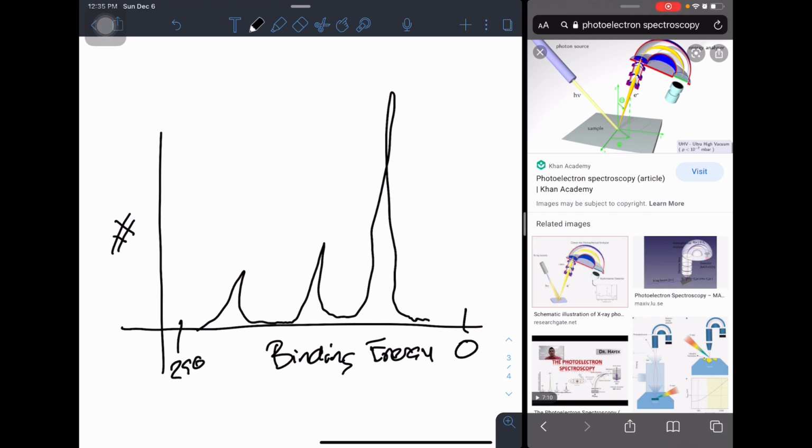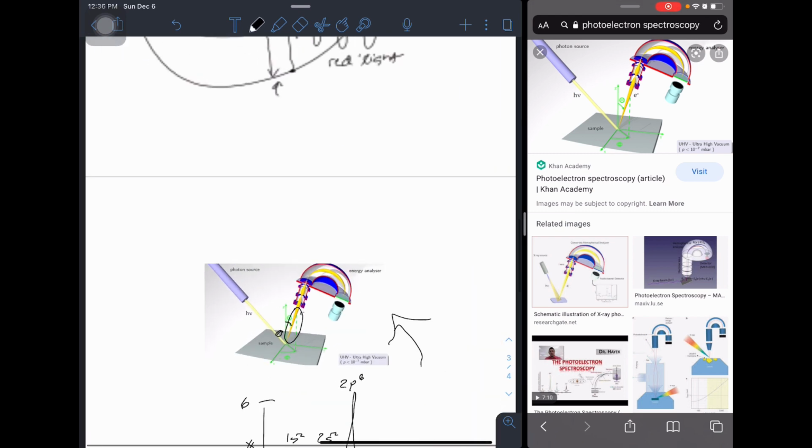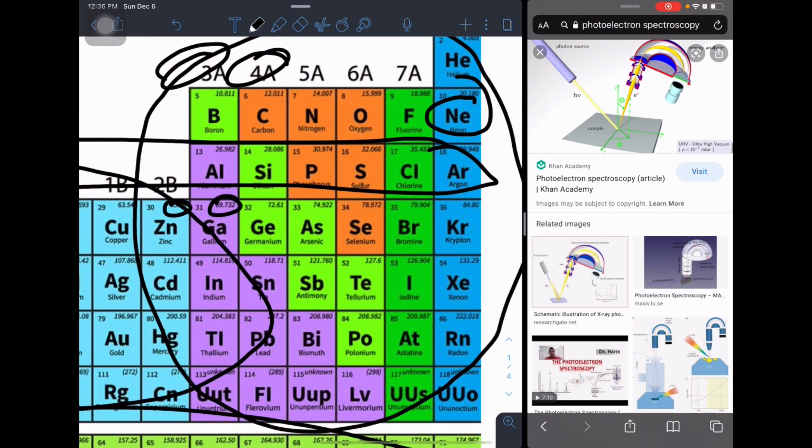So it's all based on ionization energy. The higher the binding energy, the closer to the nucleus the electron is. So in this instance, if this represents 2 and this represents 6, we could name this atom as 1s2, 2s2, 2p6. And that's clearly neon.